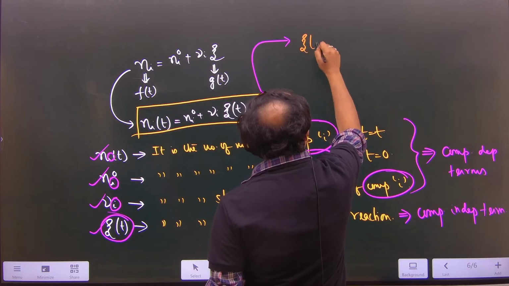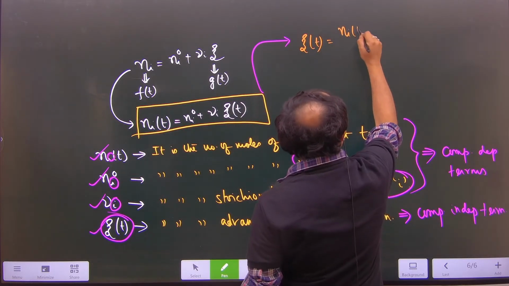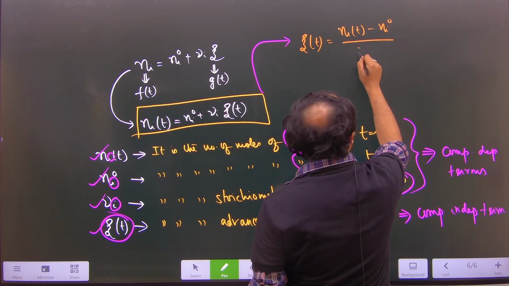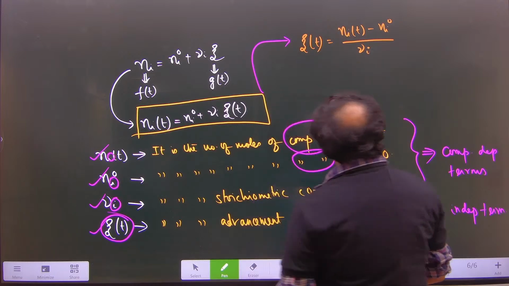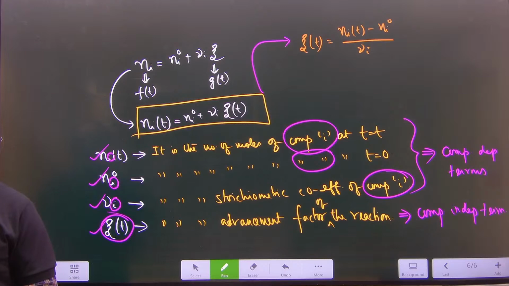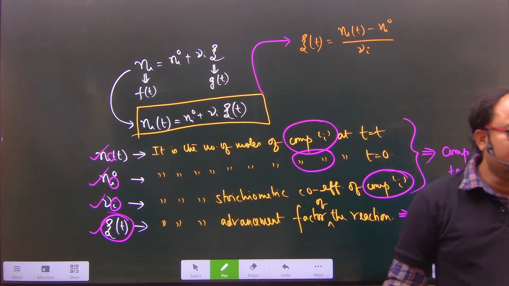We can make Xi(t) the subject of the formula: Xi(t) is equal to Ni(t) minus Ni0 divided by nu i. We can always write it in this manner. And from here, we can reveal the essence of Xi(t).